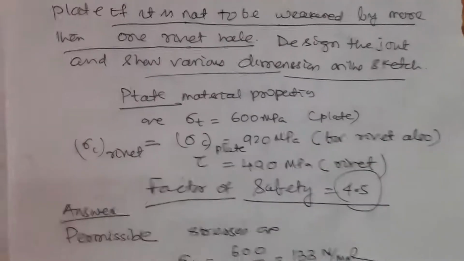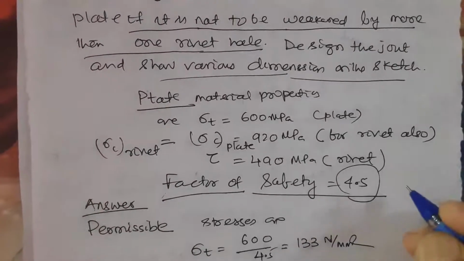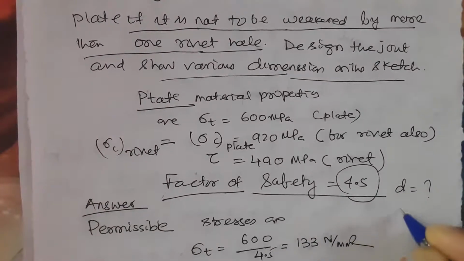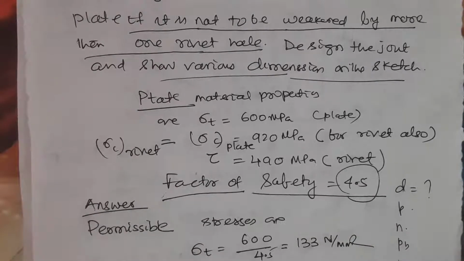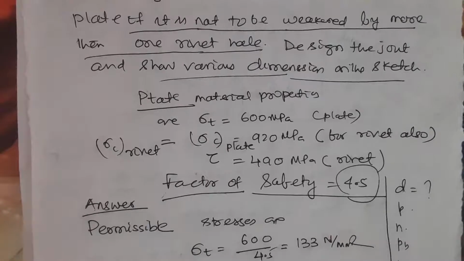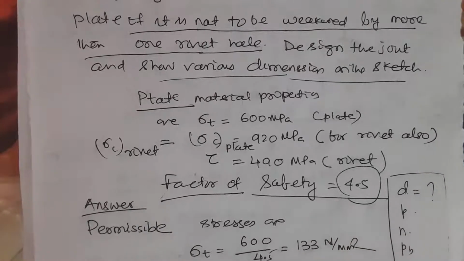So in this case what we have to do? We have to find out the diameter of the hole, the pitch, the number of rivets, the back pitch, the margin, the efficiency. All these things we have to find out.